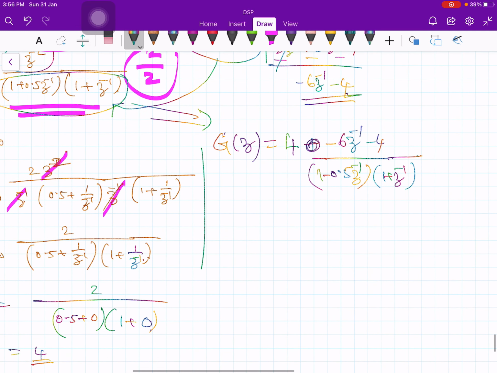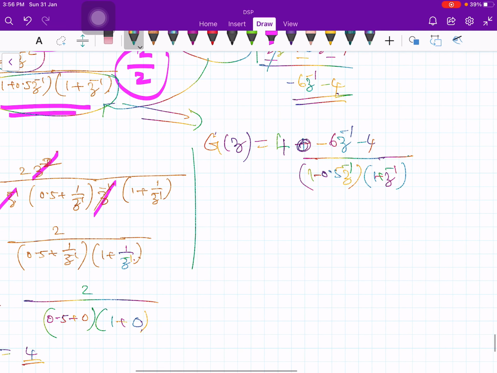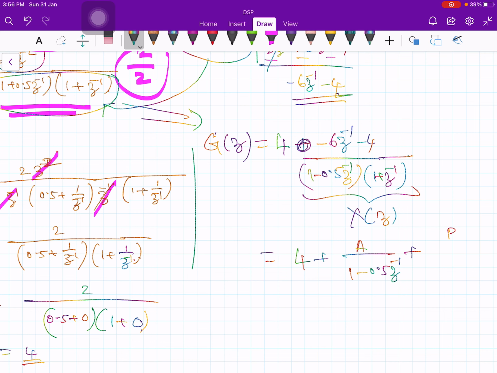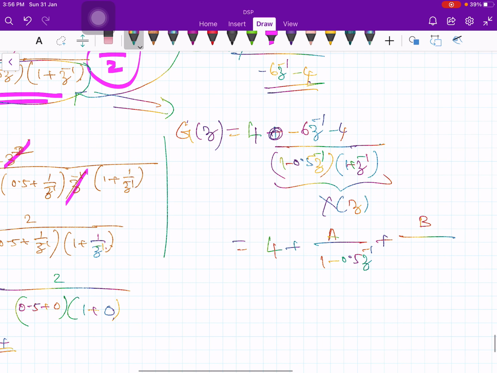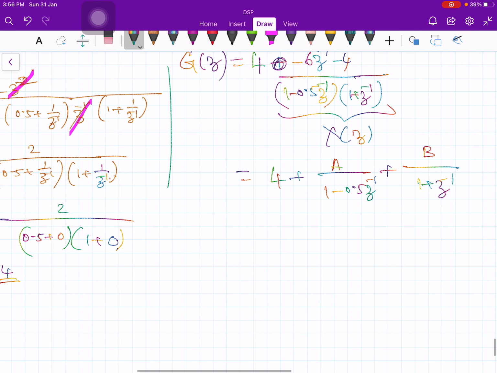Now it is as usual. So let's call this x of z. Then as usual, 1 plus a divided by 1 minus 0.5 z inverse plus b divided by 1 plus z inverse. Now you can find out a value and b value.